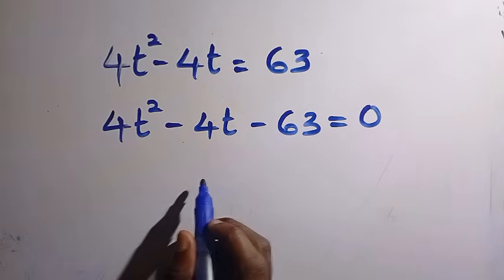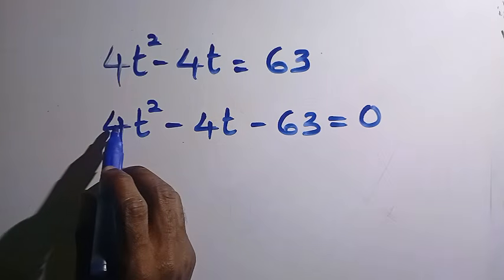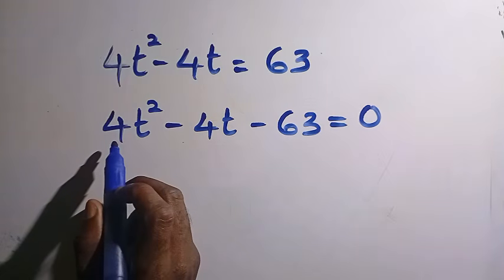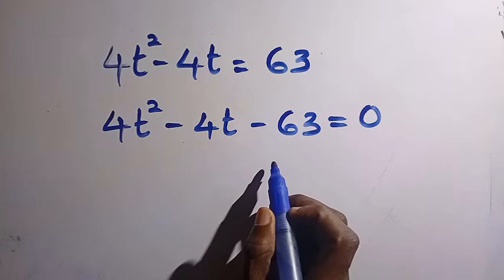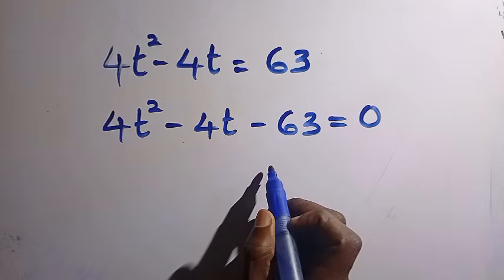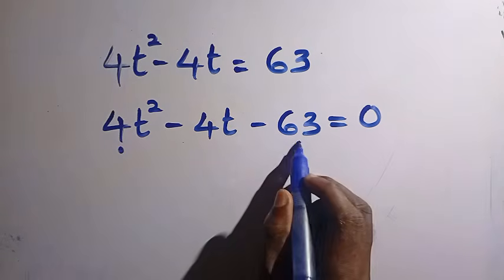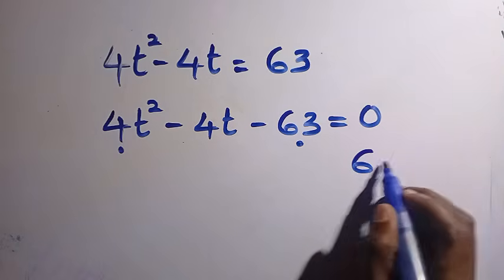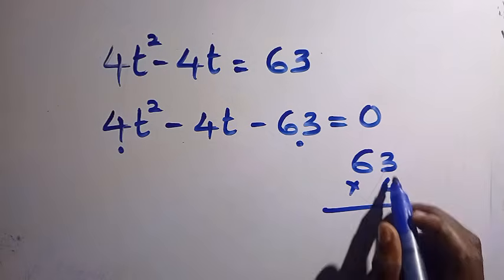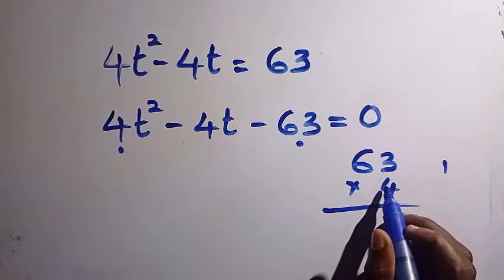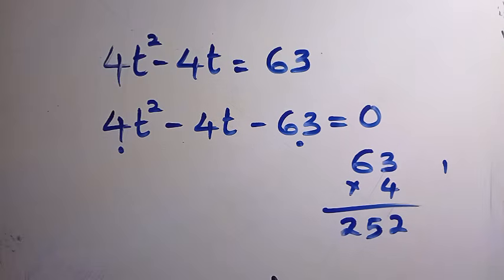This is a quadratic equation with the coefficient of t squared being 4. Is this factorizable? Yes, actually, we can factorize this. But the first thing we are going to do is use this 4 to multiply 63. 63 multiplied by 4 gives us 4 multiplied by 3, that is 12, and 4 multiplied by 60, 240, plus 12, that is 252.